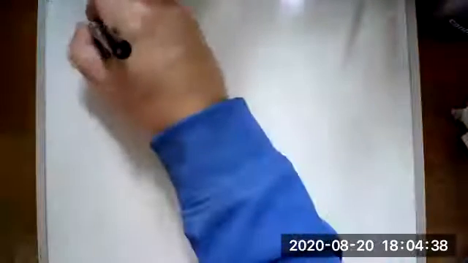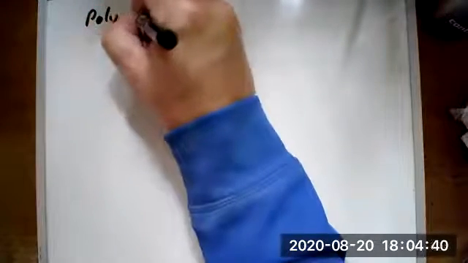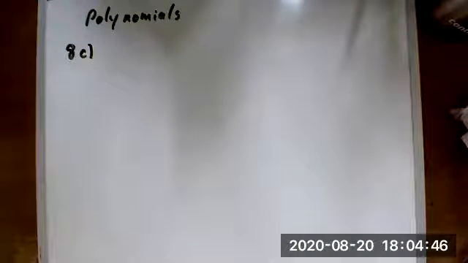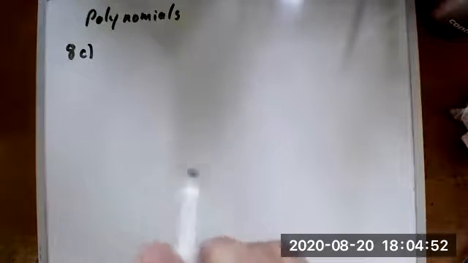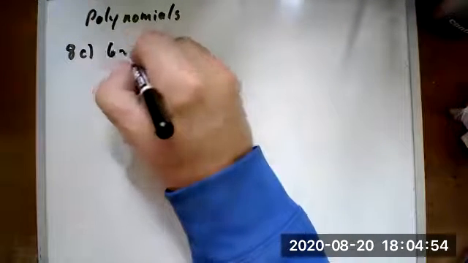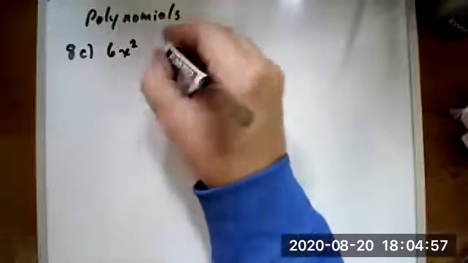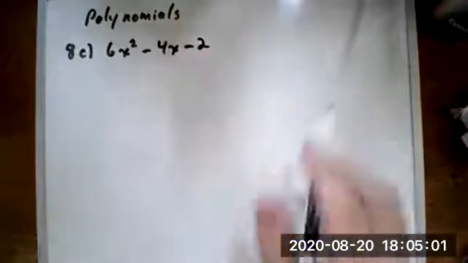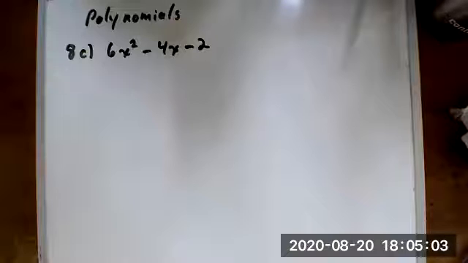I like 8C because there's a couple of things going on here. Question 8C says 6x squared minus 4x minus 2, and we just want to factor this. We don't even need to solve in the end. We just need to factor this one.